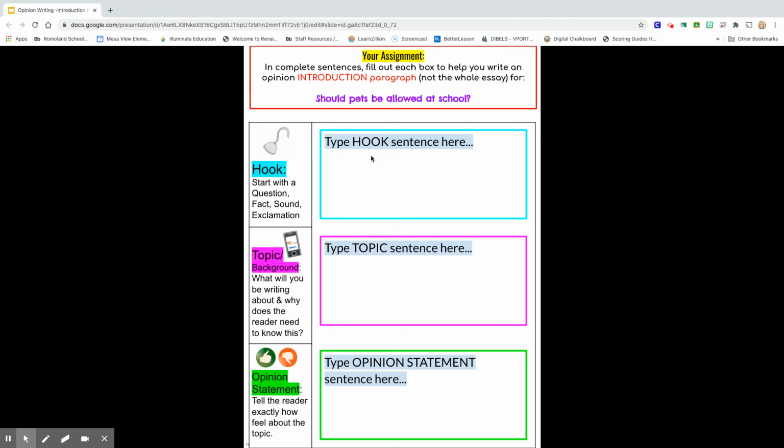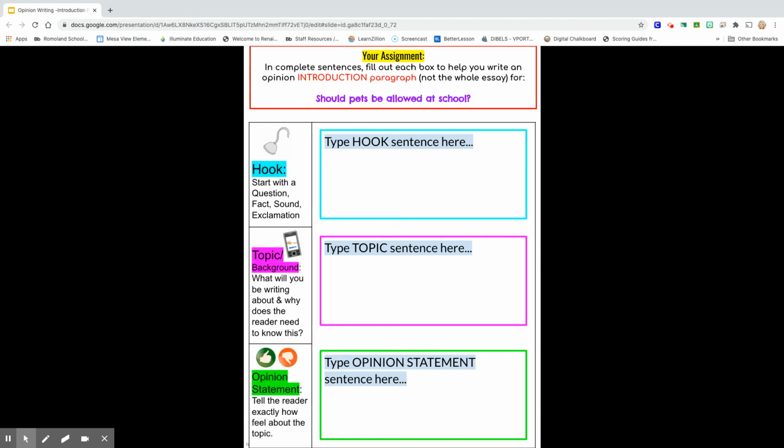And you're going to type that in this first blue box. Then in your next purple box here, or pink, you're going to say, what will you be talking about? And why should the reader know about this? So you're going to type in that complete sentence right here. And then finally, in this green box, you're going to write your opinion statement sentence and tell the reader how you feel.